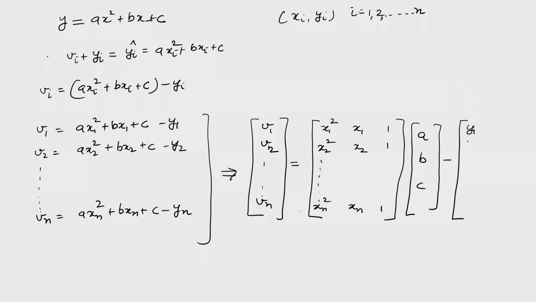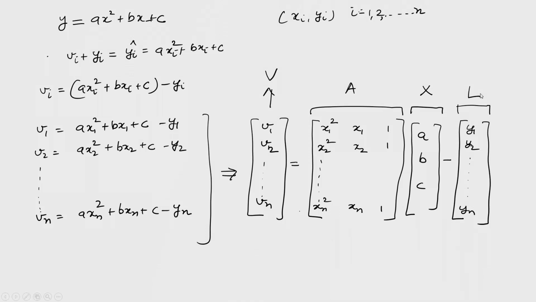Now, here I can write y1, y2, yn. So, again this is the V matrix, this is the A matrix, this is the matrix of unknowns, I call it X, and this is matrix L. So, I write the solution X equals A transpose A inverse A transpose L.